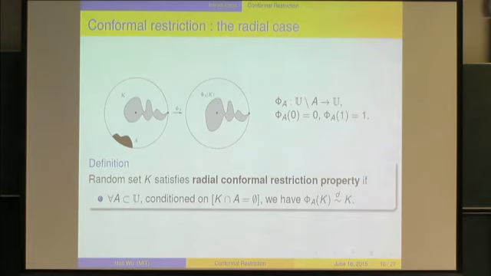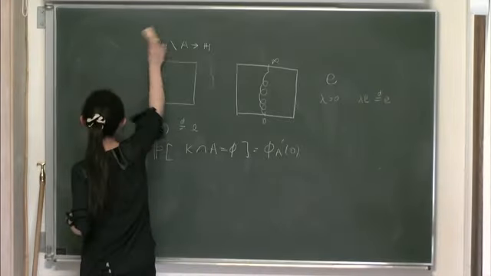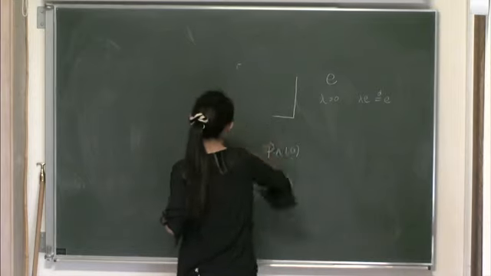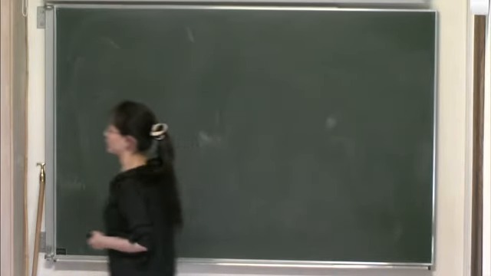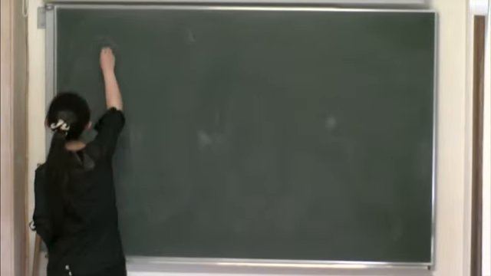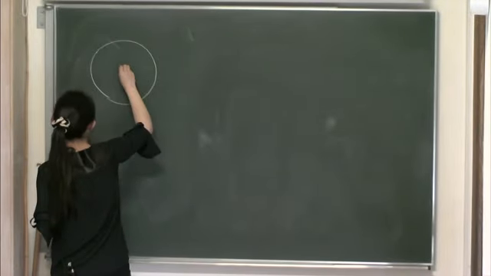So now we consider a random set K in the unit disk connecting the boundary point 1 to the interior point, the origin. And we want to copy the story for the radial case. First of all, we don't have scaling invariance in the radial case anymore, but we still have the restriction property. So in the radial case, the restriction property becomes this one. It's very similar to the chordal case.